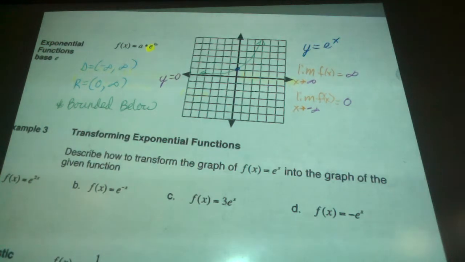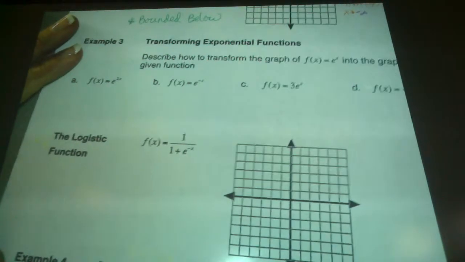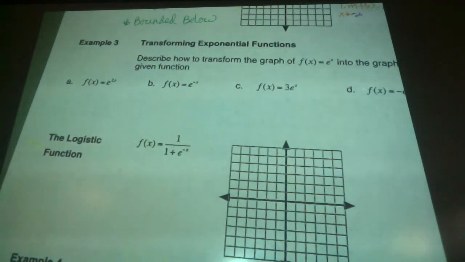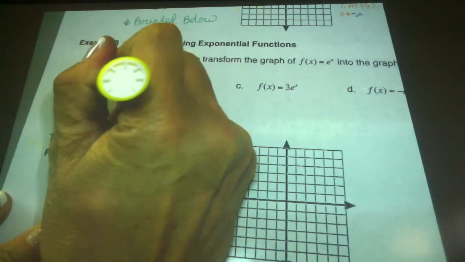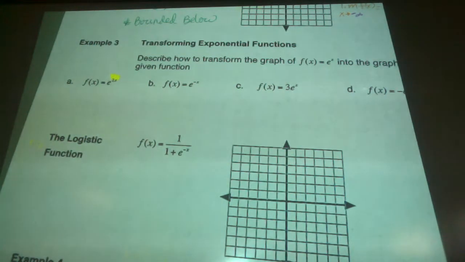Okay. Now what are we going to do with this? We're going to do some transformations. So let's look down here. This one's interesting. What do you think will happen with this one? A 2 in the exponent is affecting the x or y. It's affecting the x.